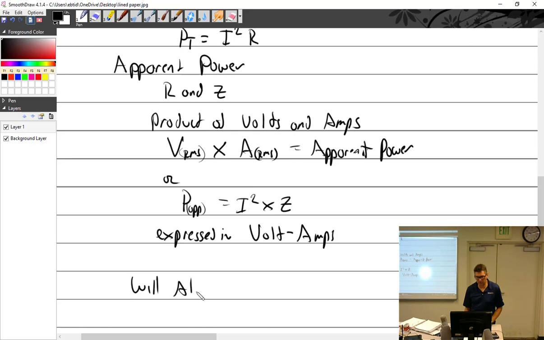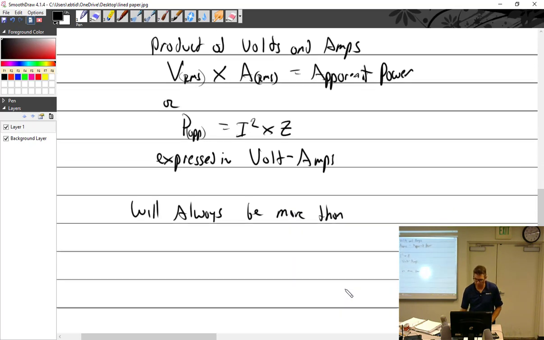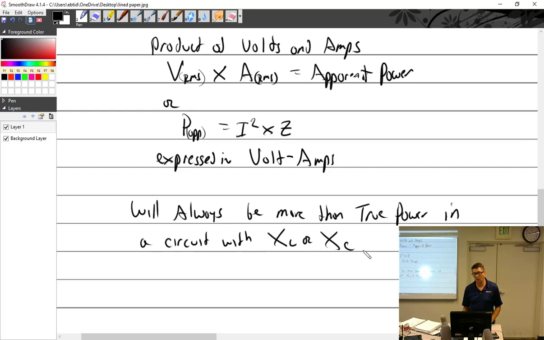And it will always be more than true power in a circuit with X of L or X of C. Why?